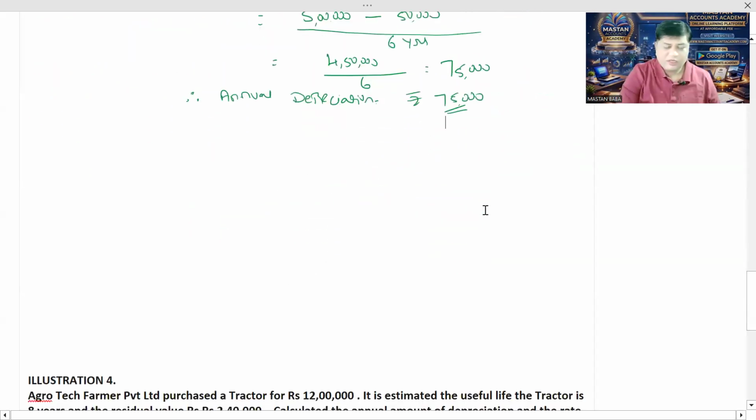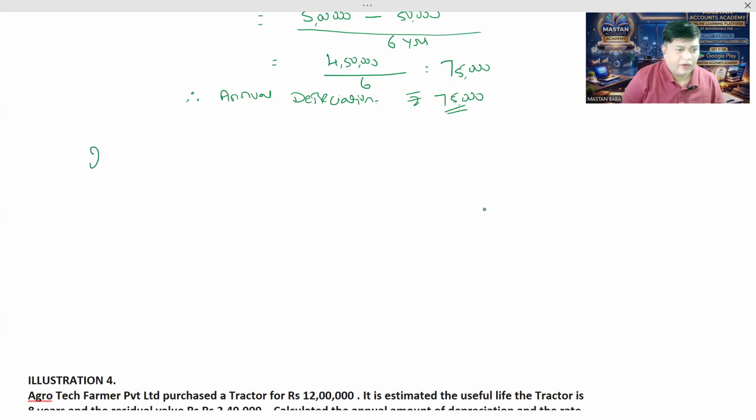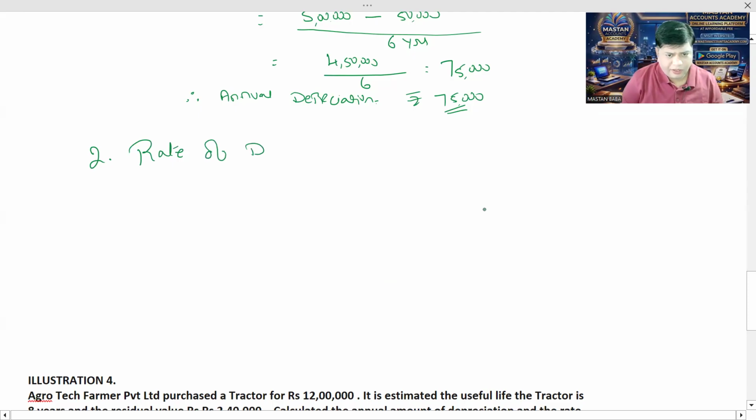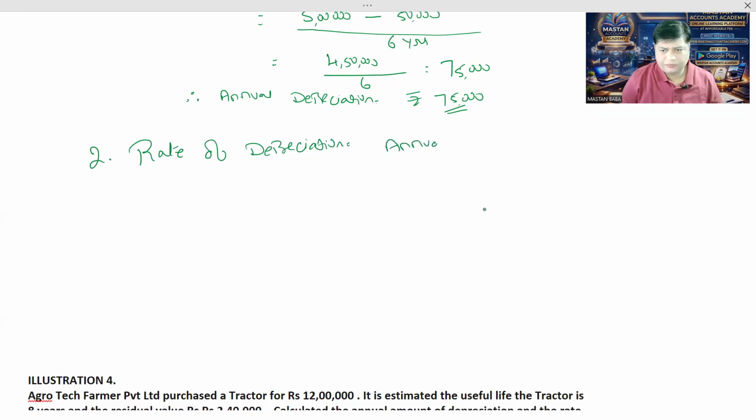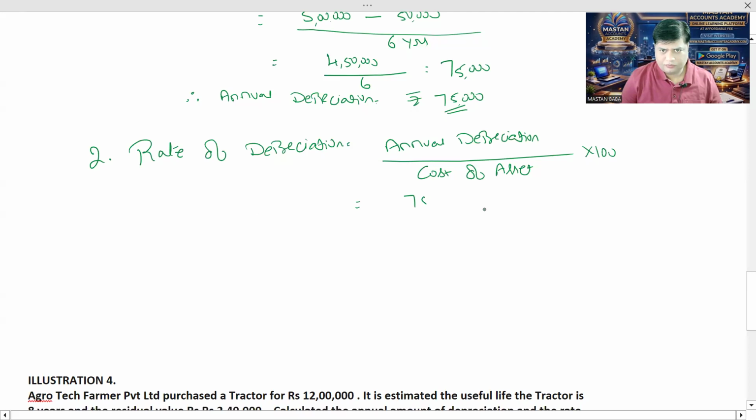Next, second formula, rate of depreciation. Rate of depreciation is equals to annual depreciation divided by cost of asset into 100. 75,000 divided by 5 lakh into 100.